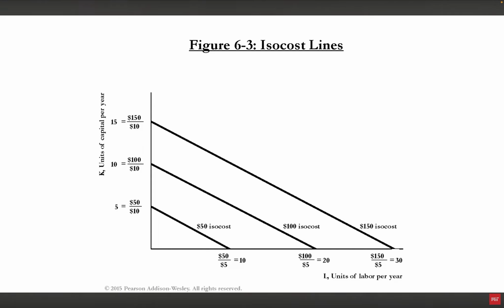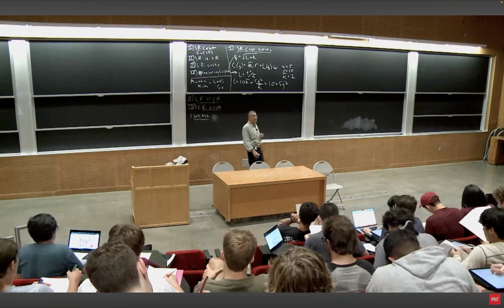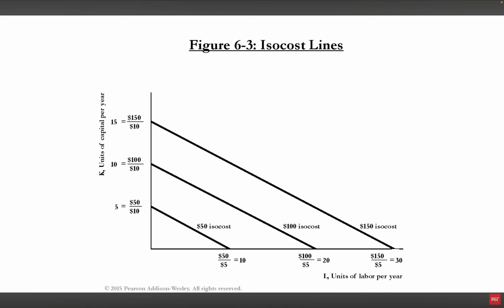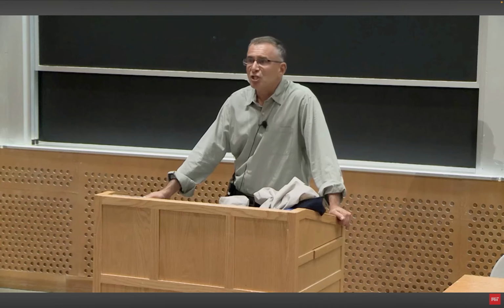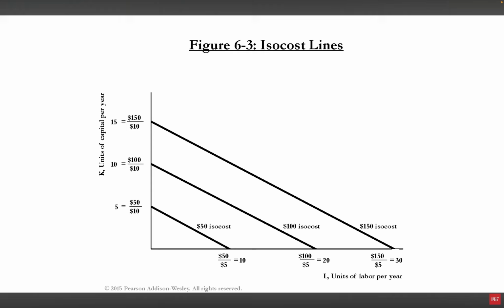Okay, here are some isocost lines. Remember, I assumed that the wage was 5 and the rental rate of capital was 10. So basically, these lines are combinations of capital and labor that yield the same total level of costs. The $50 isocost says if you want to spend $50, you could either have 10 units of labor and no capital, 5 units of capital and no labor, or some combination in between.